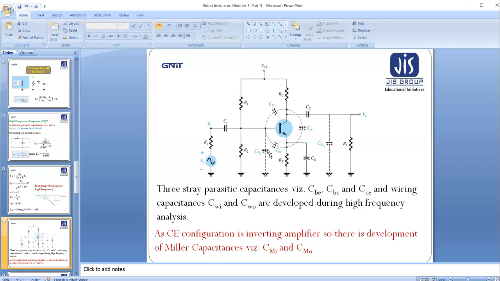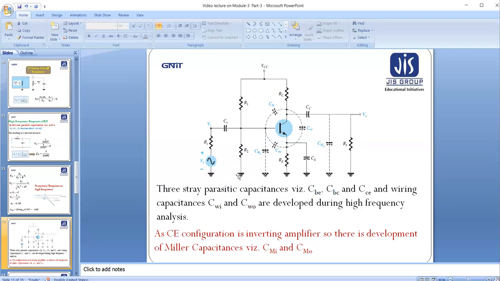The wiring capacitance will be developed only due to the connecting wires, because each connecting wire is taken as a transmission line. Due to these connecting wires, the capacitors are developed. These capacitors basically control the high frequency response.